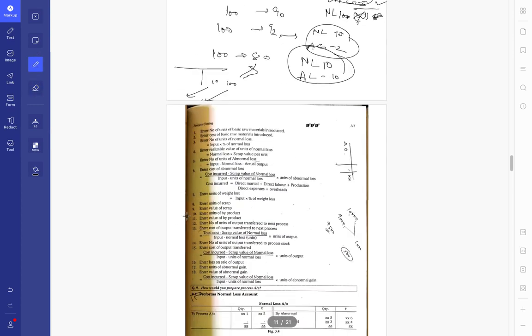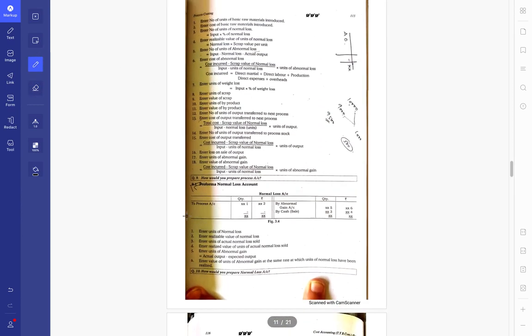Now, this makes us eligible to be able to solve questions easily. You may just go through these once if you want to, but I have more or less covered all the basic concepts over here.